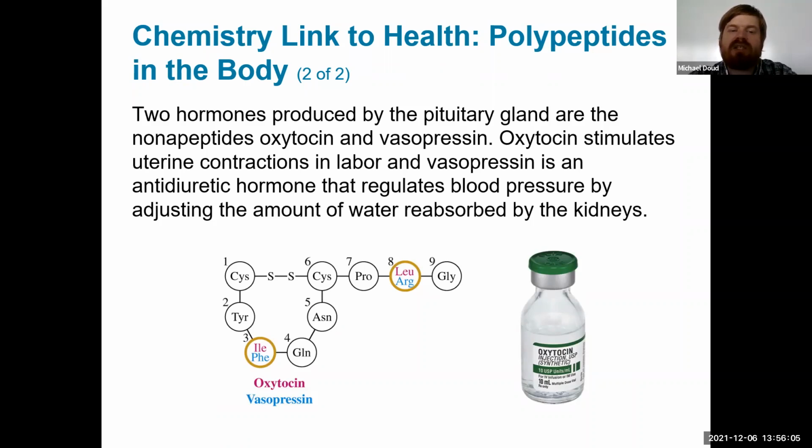And basically that just adjusts the amount of water that your kidneys reabsorb. So diuretic means it makes you go pee more. Antidiuretic just means that it holds onto water a little bit longer. And interestingly, again, very similar structures. The only thing different is isoleucine substituted for phenylalanine from oxytocin to vasopressin, and leucine substituted for arginine as well.